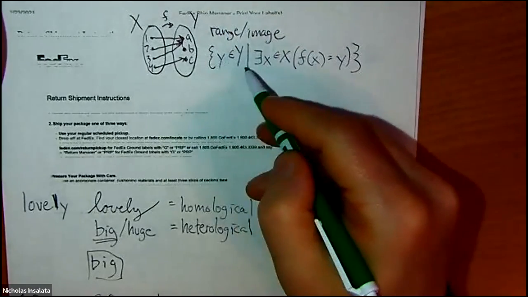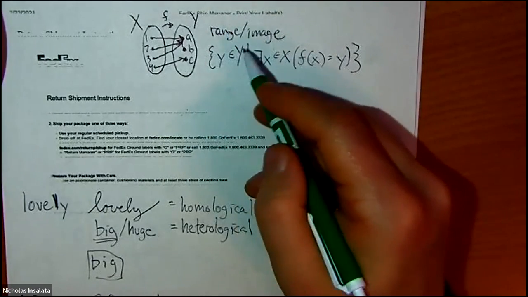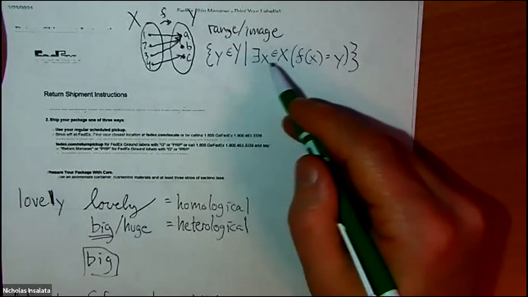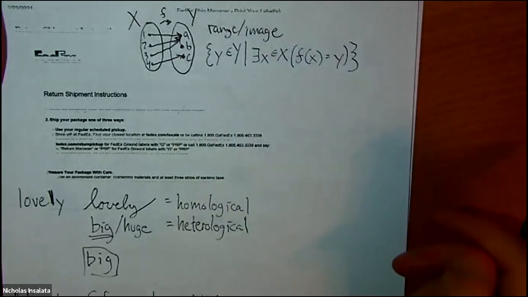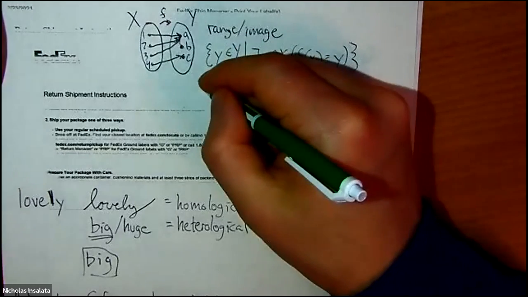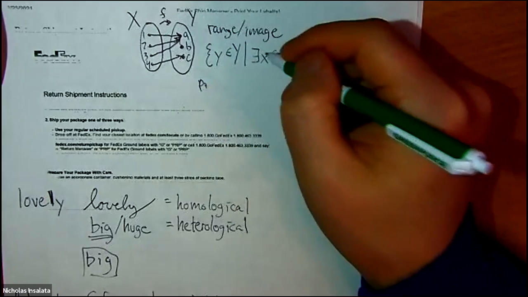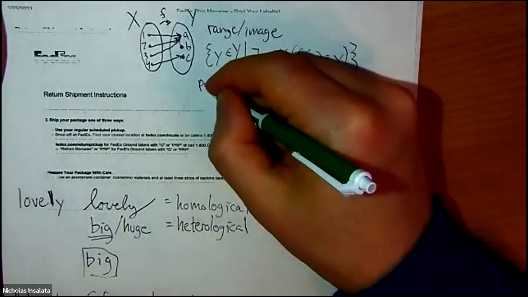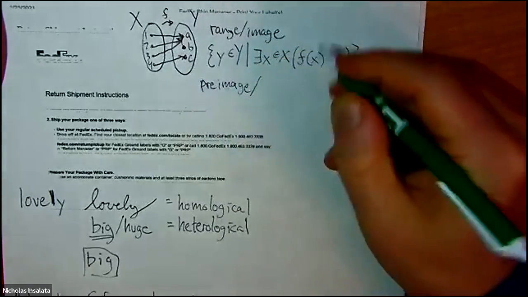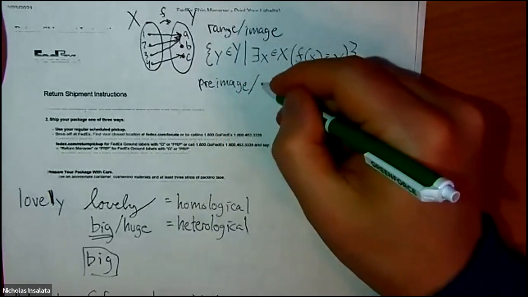It's the set of objects in the codomain that get mapped to by some element in the domain, right? And what about the pre-image or inverse image?